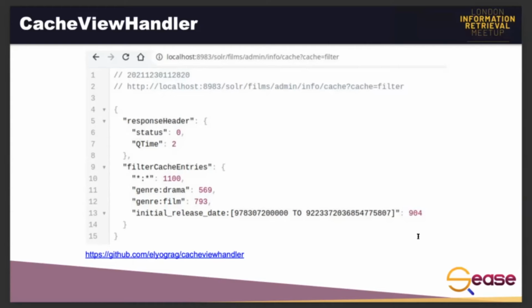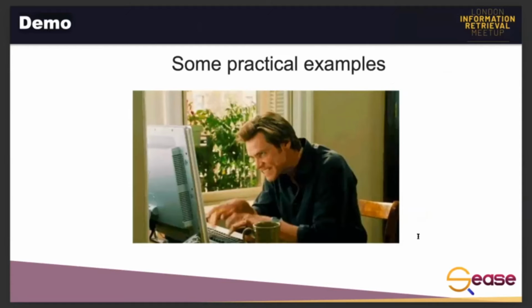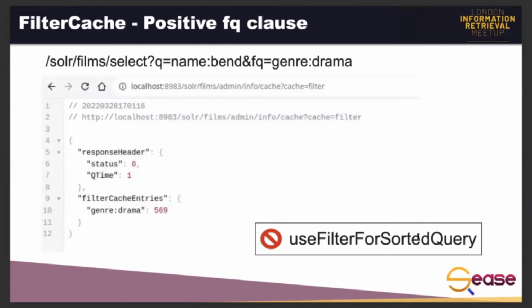So let's now move to something more practical, and let's start by seeing one of the simplest queries. Just before I start, let's consider that in the Solr config file, the useFilterForSortedQuery parameter is false.